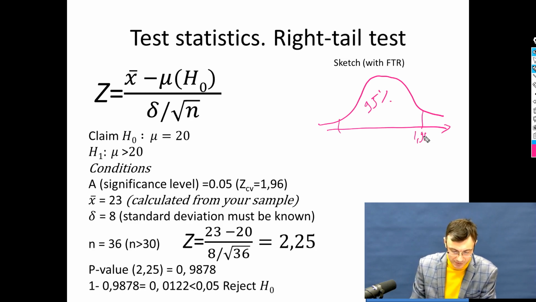And our criterion, after calculation, is 2.25. It will be here. So we use the right-tail test, and see, by this test we reject our null hypothesis.